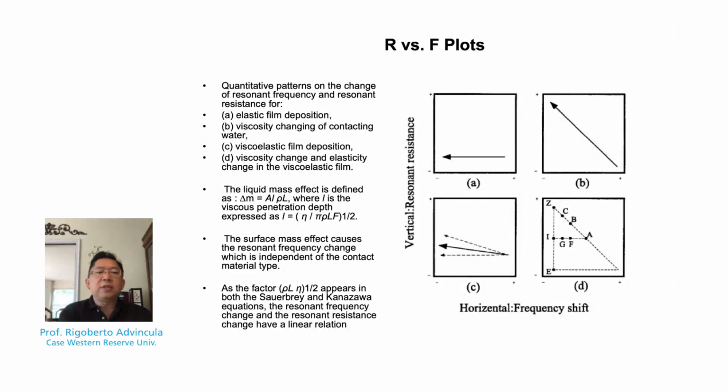B shows the viscosity changing upon contact with water. C, when you have this shift in the slope representing a viscoelastic film deposition, and D representing a viscosity change and elasticity change on the viscoelastic film itself. So again, the mass effect can be represented essentially by the factors involving that of the frequency shift and the resistance.